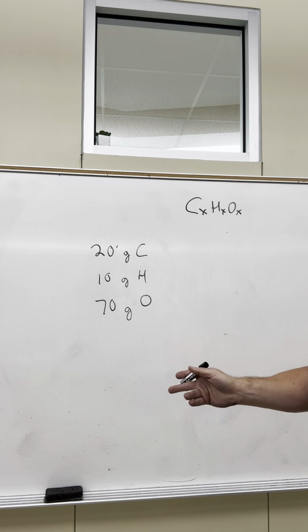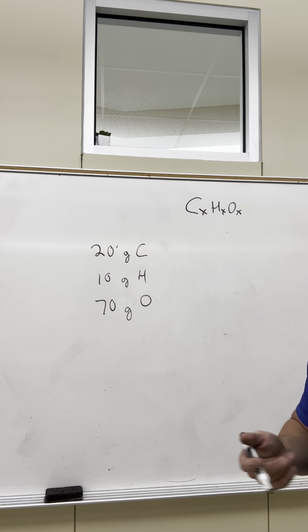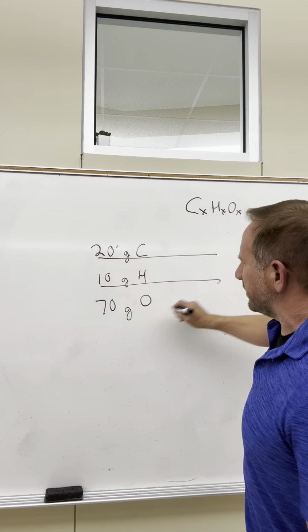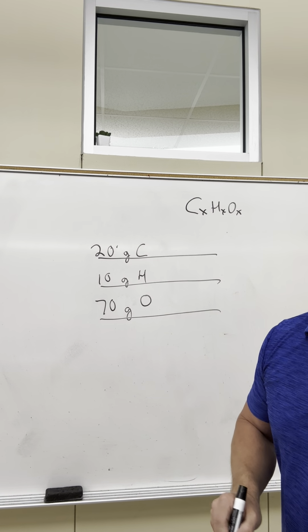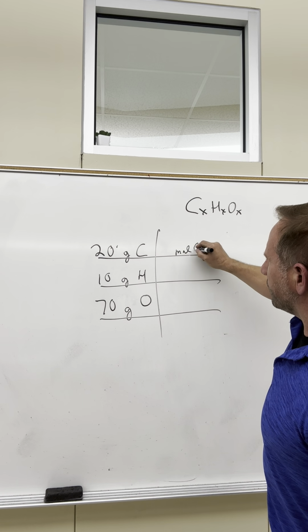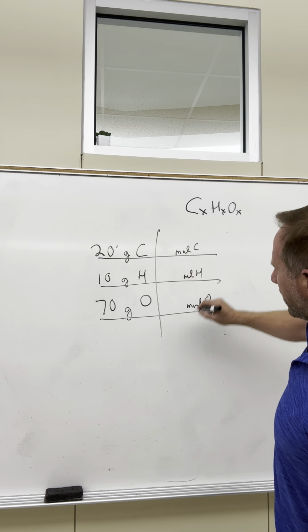So we can't use masses, but if we change it to moles, we can then compare how many of each we have. So I'm gonna take my 20 grams of carbon, my 10 grams of hydrogen, my 70 grams of oxygen, and convert them to moles of carbon, moles of hydrogen, moles of oxygen.